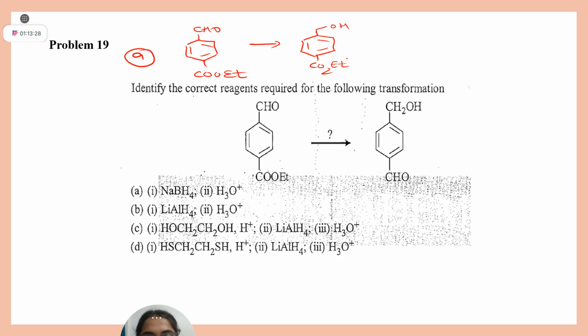Then H plus, H2O. Basically, it is acidic hydrolysis, so obviously the ester will hydrolyze, not any other thing. But this is not what has been asked, so option number A gets a cross sign.